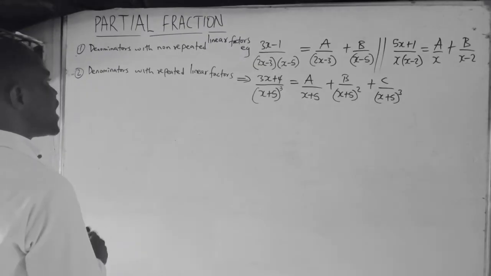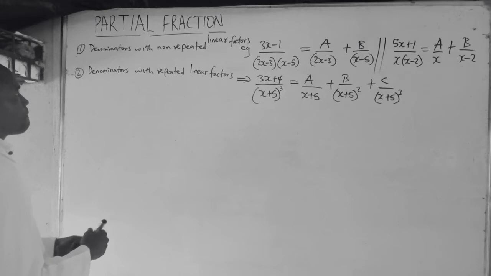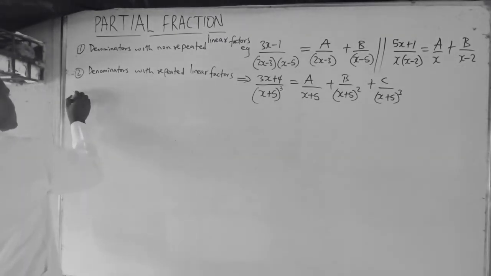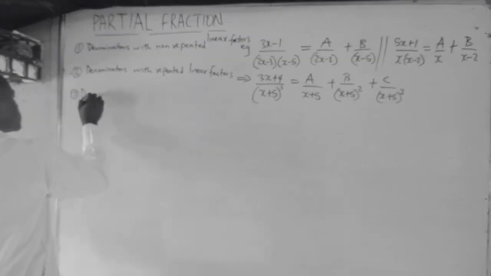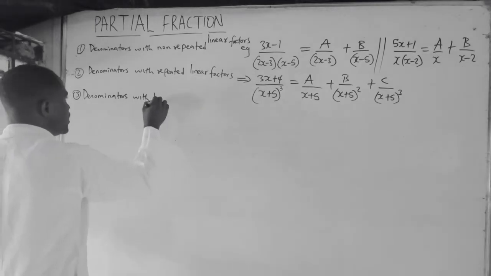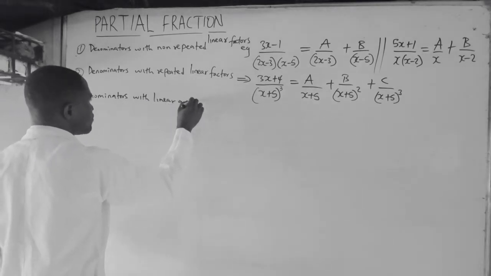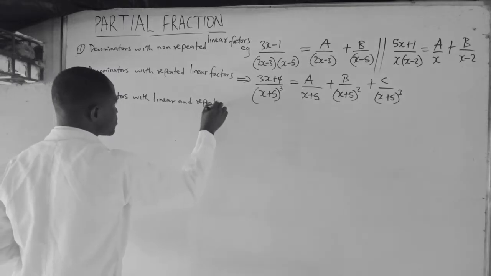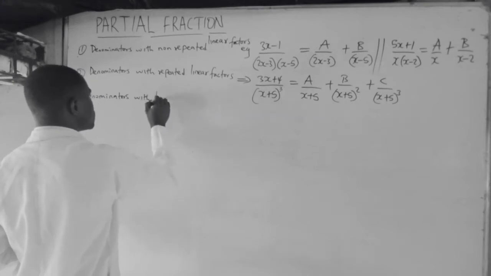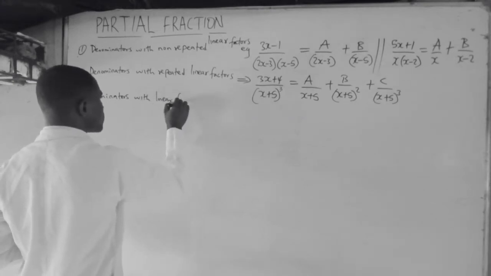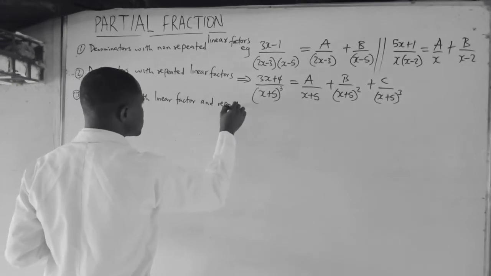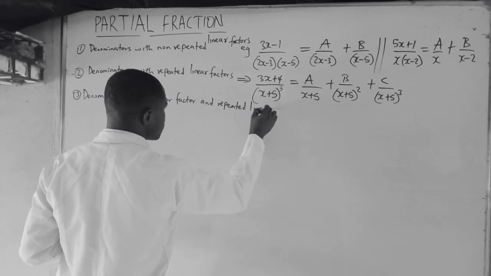What if it has a linear and a repeated linear factor? That is, denominators with a linear factor and a repeated linear factor.